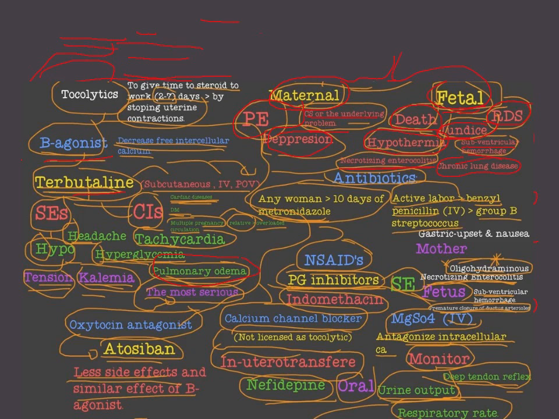So normally it is put in between 12 and 14 weeks, and you withdraw it at 38 weeks, or before an elective cesarean.